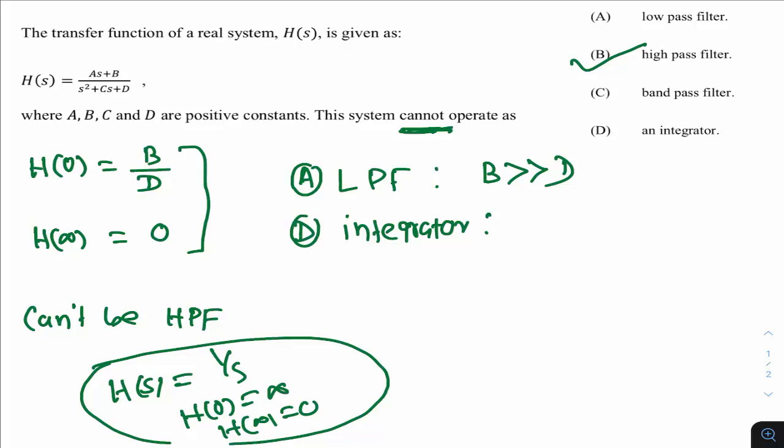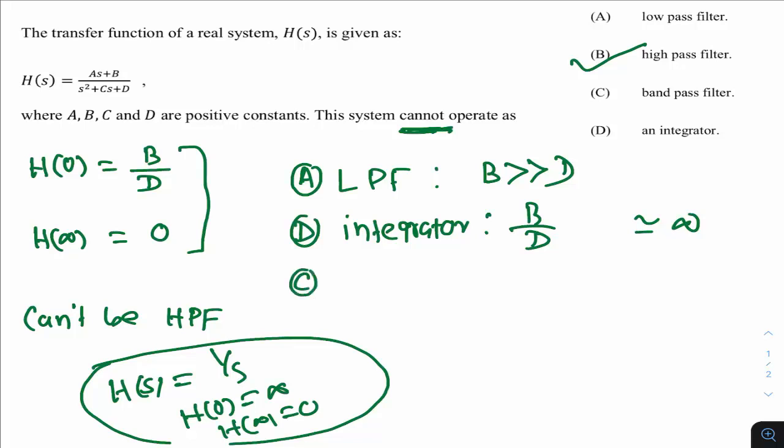In fact, we have studied that low pass filters are sometimes approximated as integrators. If the ratio of b to d is approximately infinite, then it works like an integrator.